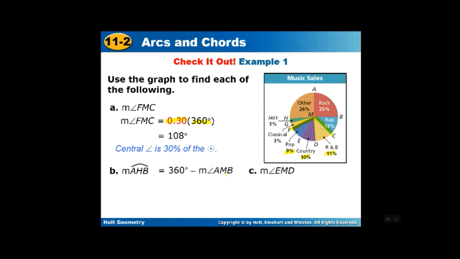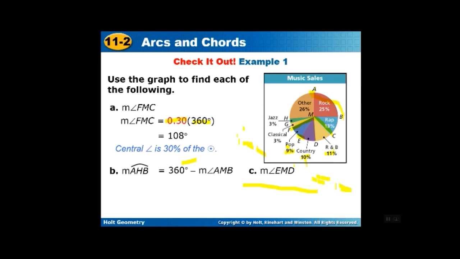Now, measure of arc AHB. It is the whole circle, as you can see, except the part which is AB. In order to do it, we will subtract 360 minus the measure of angle AMB.